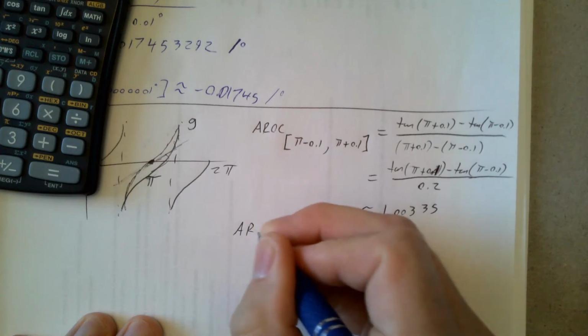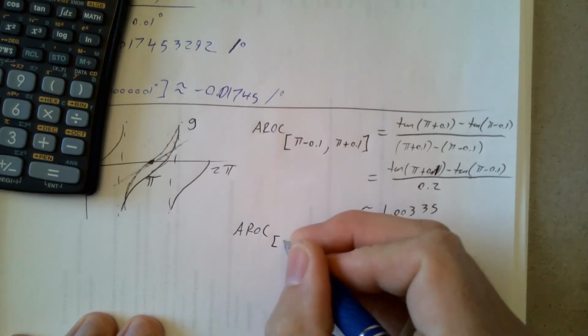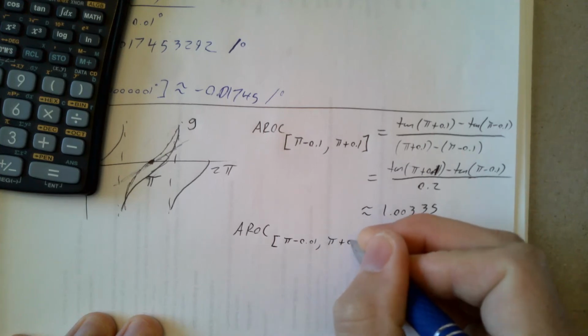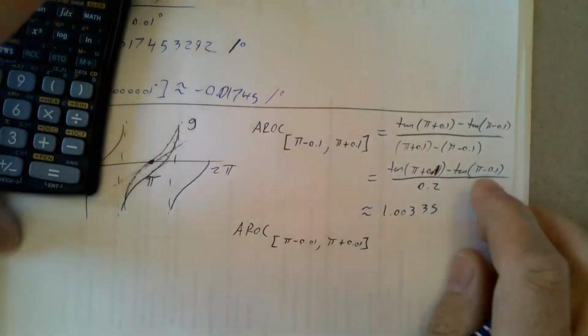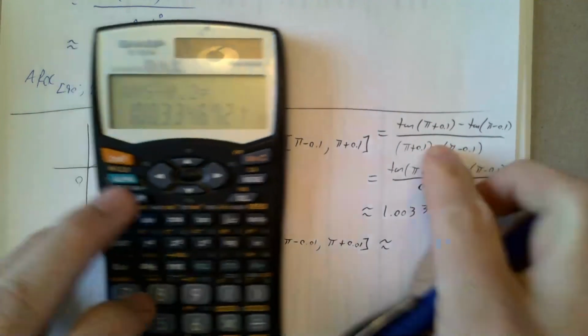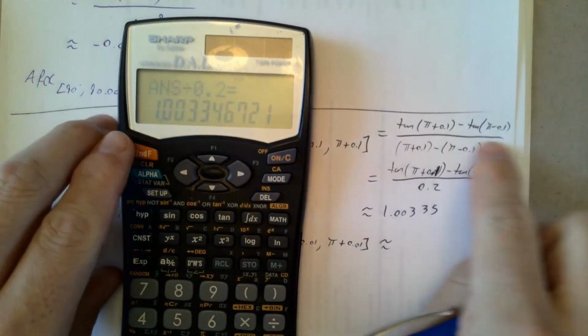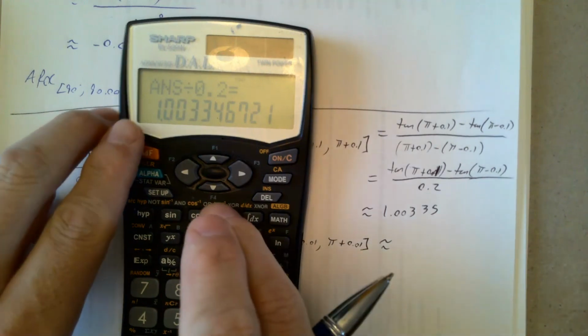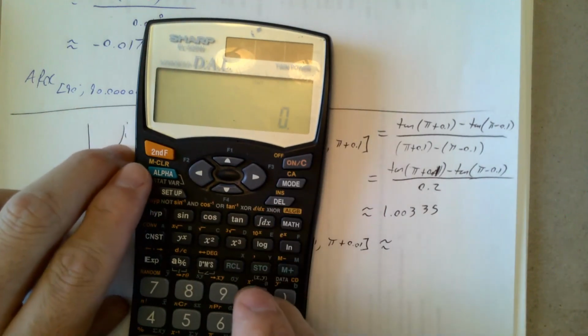Now let's make the interval much smaller, pi minus 0.01 to pi plus 0.01. And I think I'm just going to go to calculator town on this one. Let's do it as one go.